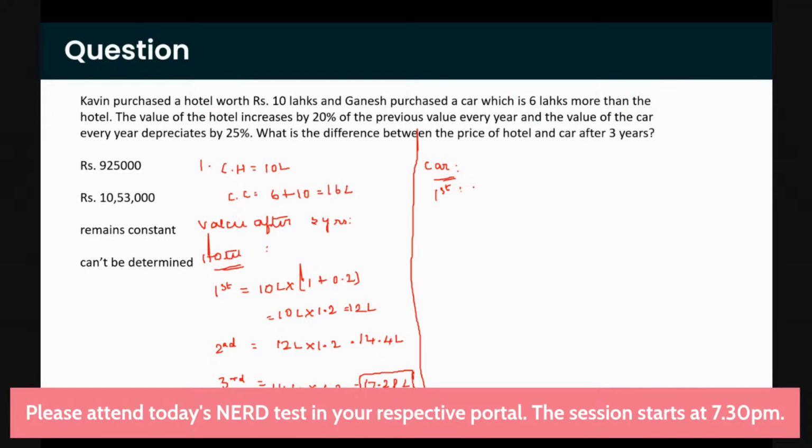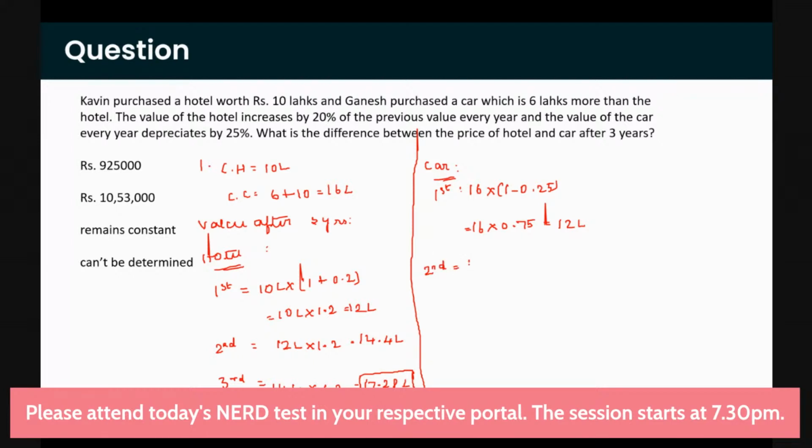So initially the value of the car is 16 lakh into 1 minus 0.25, 0.25 for 25%. So 16 into 0.75 is equal to 12 lakhs. So at the end of the first year, the car value decreases to 12 lakh.